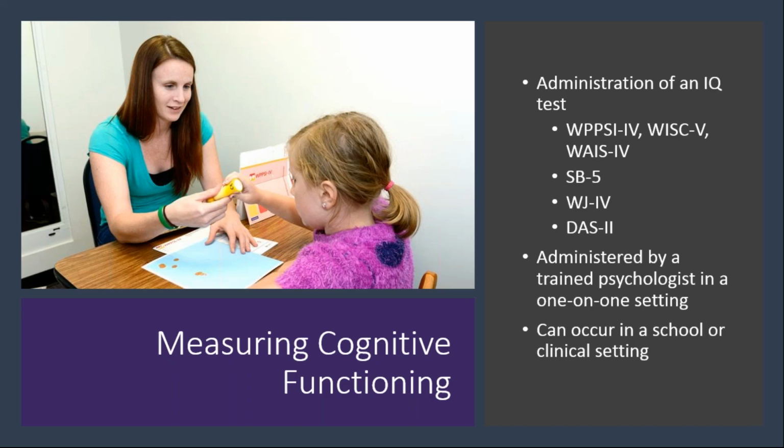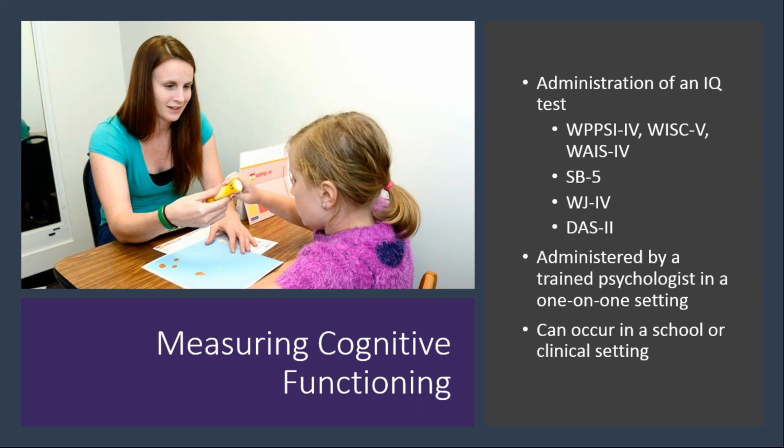There are several different tests that can be used. The big thing is that the individual who's doing the testing is going to make a choice about which test they would like to use. Different things they might consider would be the age of the individual.